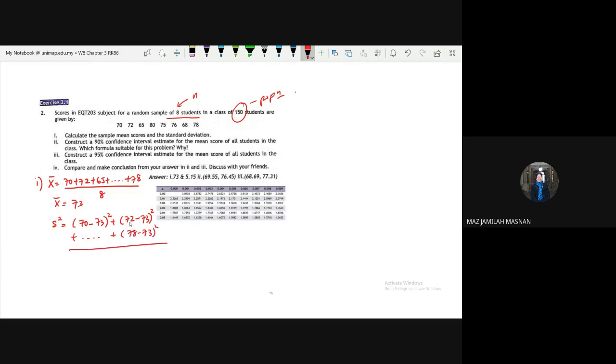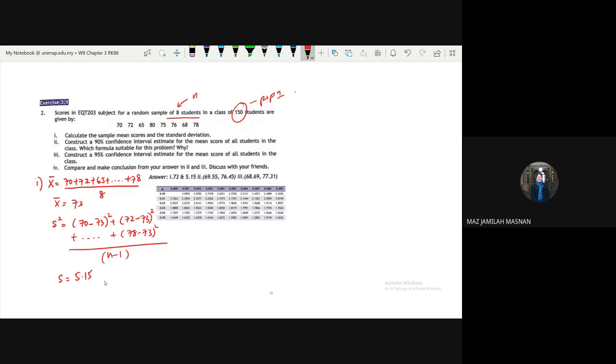The whole thing divided by n minus 1 because we are calculating the sample standard deviation. So S would be square root of, if you calculate on your own, S will be given by 5.15.